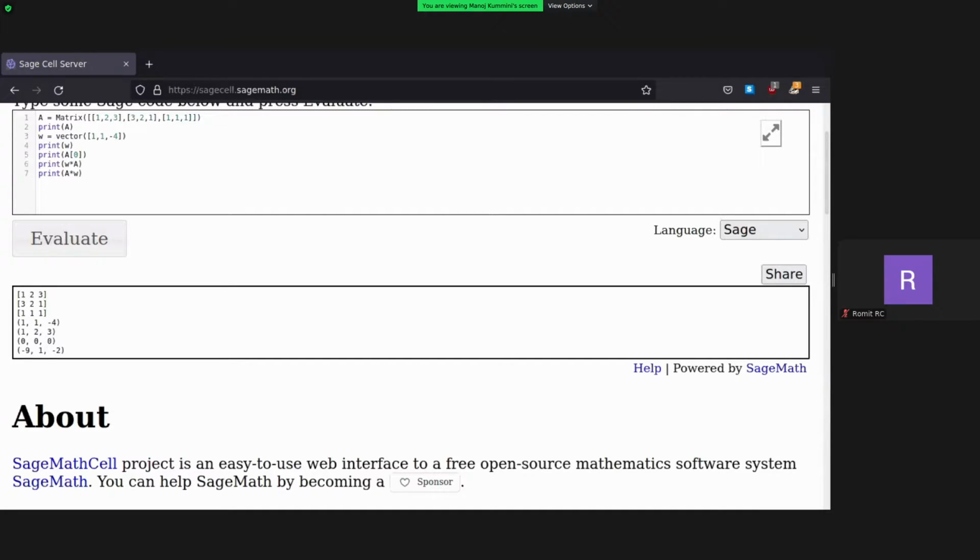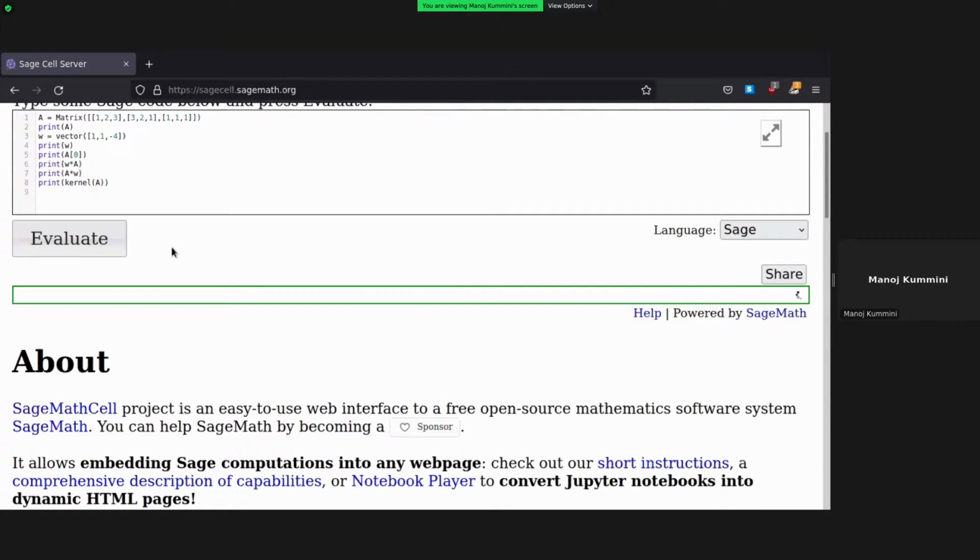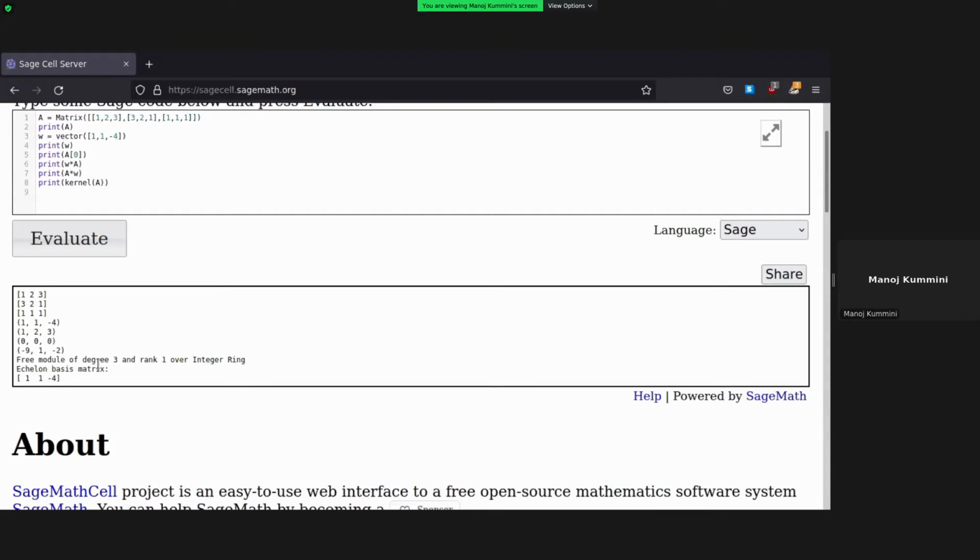Okay, so now comes the next thing. See, when you ask for its kernel, it's actually computing its left kernel. We know that this W times A is 0. That's what kernel is saying here.